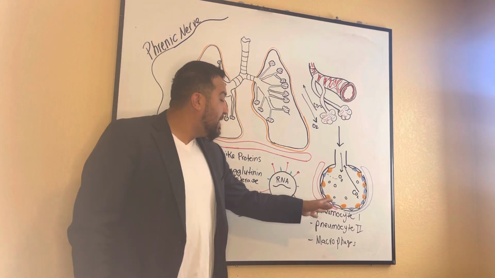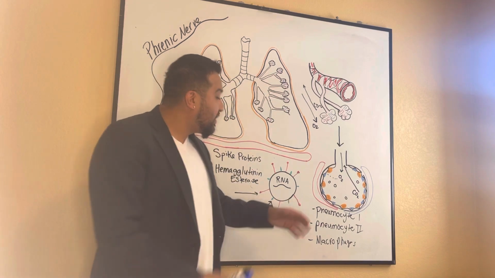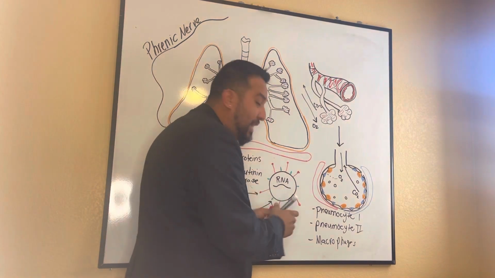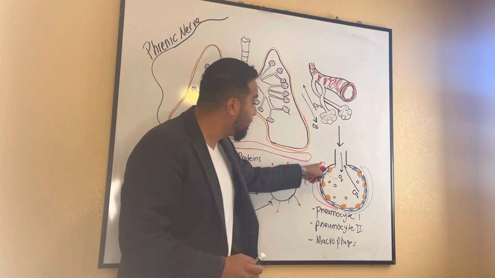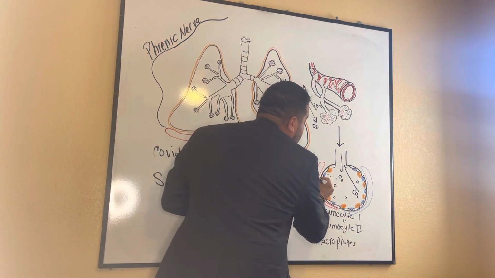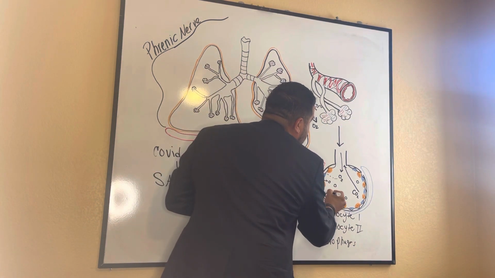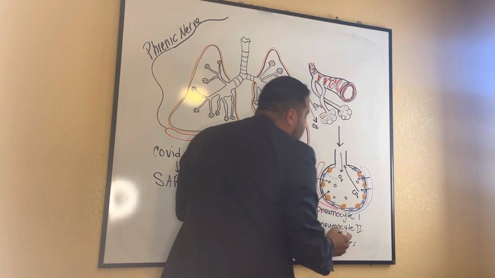So what ends up happening in COVID-19, because it's highly virulent, it's highly aggressive, is that it starts causing all of this fluid that's not supposed to be inside the alveolar sac. The plasma is supposed to stay within the capillary network. All of that starts spilling into the alveolar sac, okay? Which now starts impairing gas exchange.